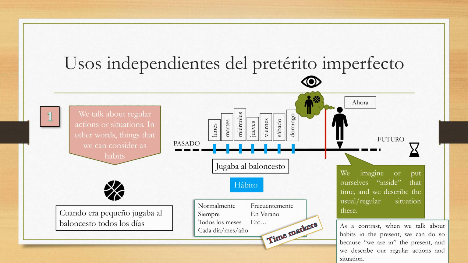That's a habit. The only thing that we needed to include when talking about habits in the present tense were these time markers. Normalmente, siempre, todos los meses. If we use these time markers in the past to talk about our habits in the past, we necessarily need to use pretérito imperfecto.